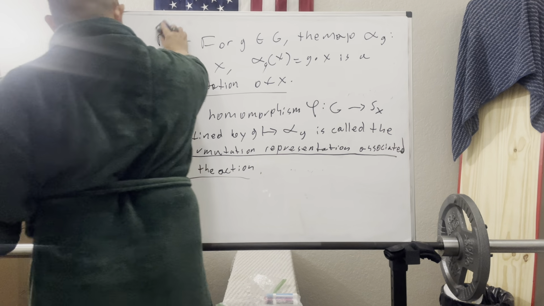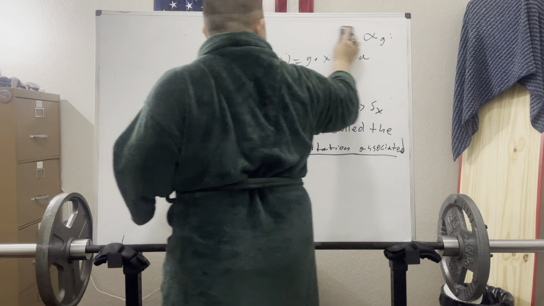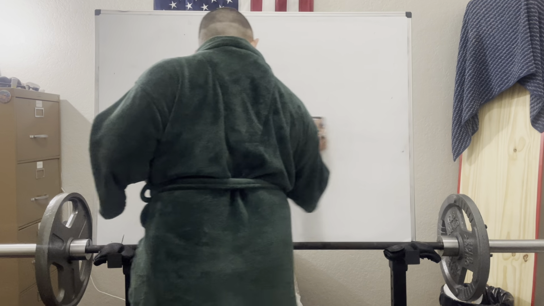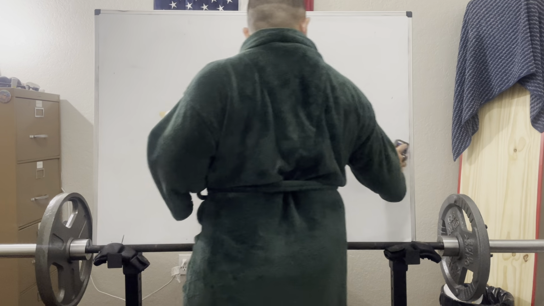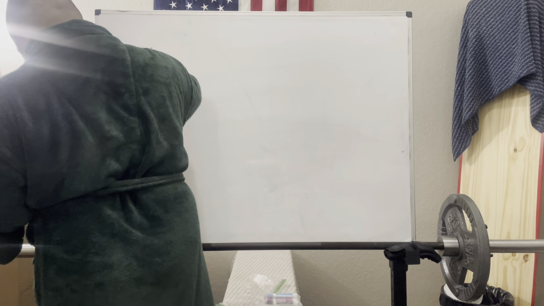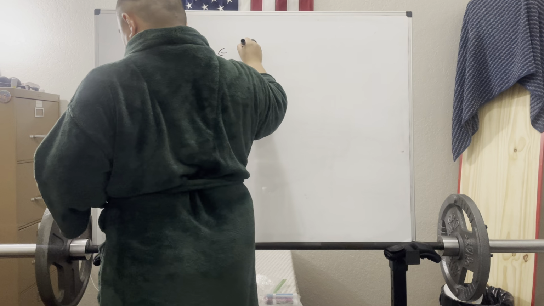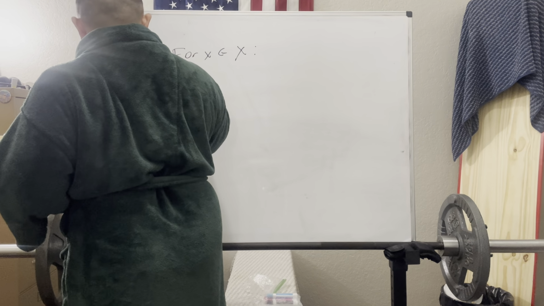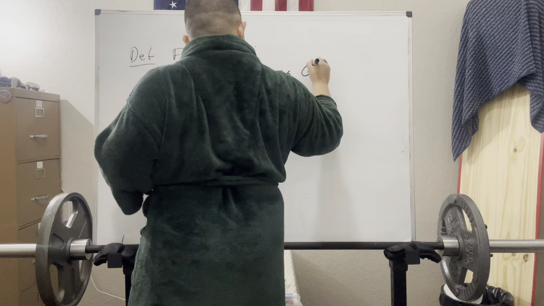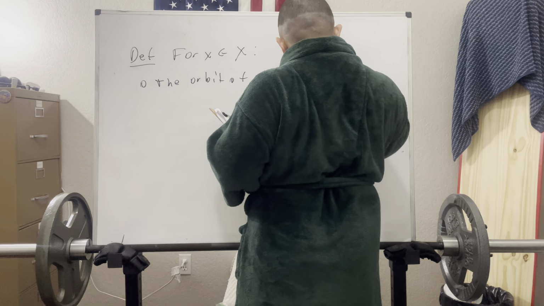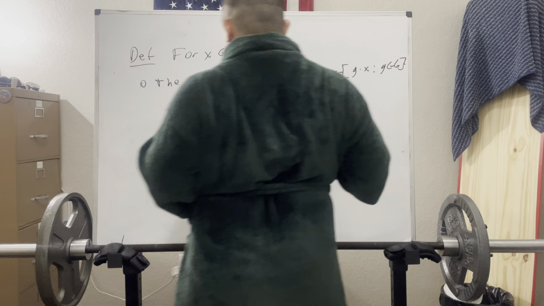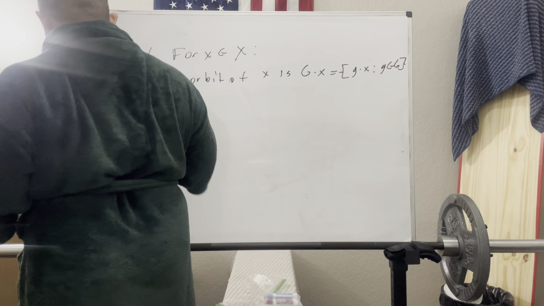Now we'll get into discussing orbits and stabilizers. So for x within set X, the orbit of x is G operated with x, which is equal to the set of g operated with x such that g is within G. Well, we already have that x is within X, so I don't need to say that.